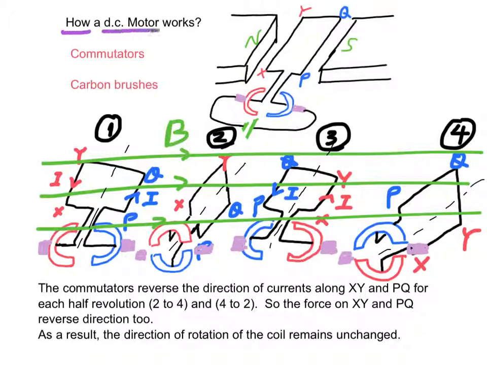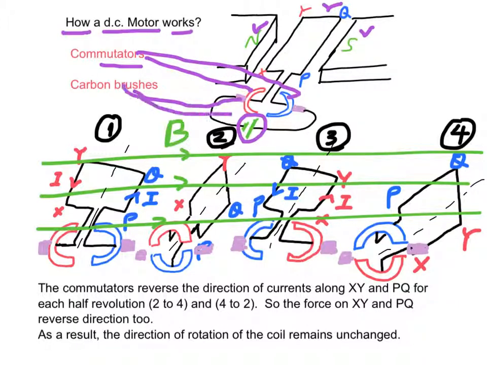How a DC motor works. A DC motor consists of a DC supply, a permanent magnet, a rectangular coil, a pair of commutators, and a pair of carbon brushes.